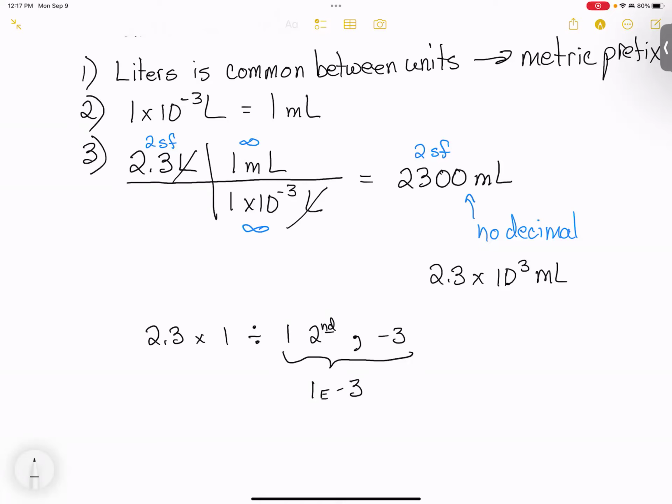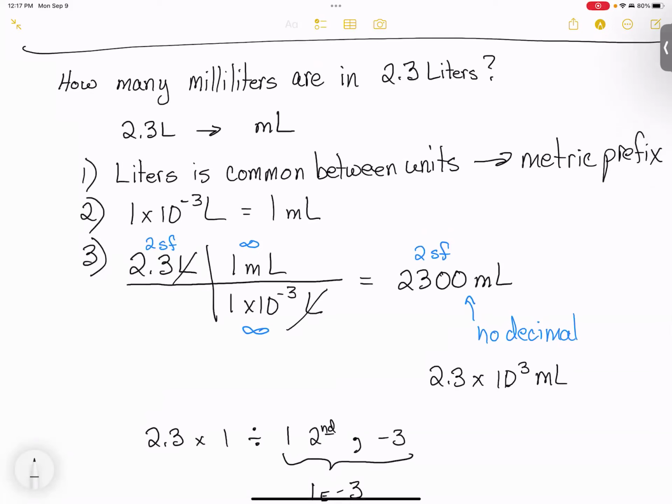Yes. I think I'm confused on what goes in the numerator and what goes in the denominator. Okay, so basically, I had liters and milliliters. So I found a conversion factor that had liters and milliliters.